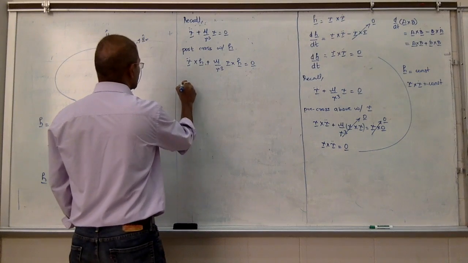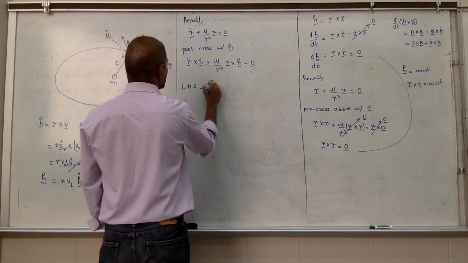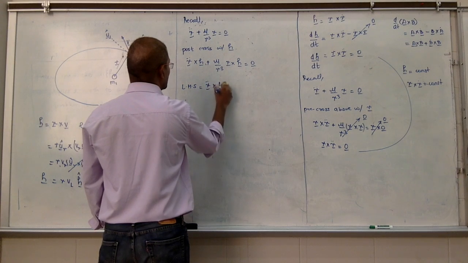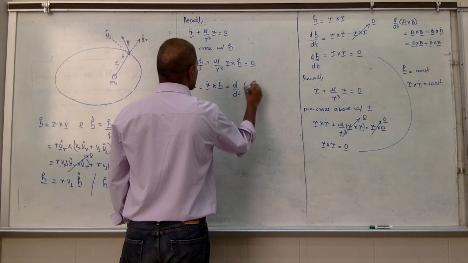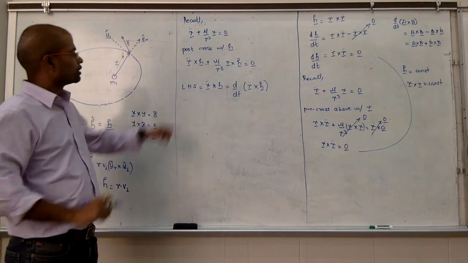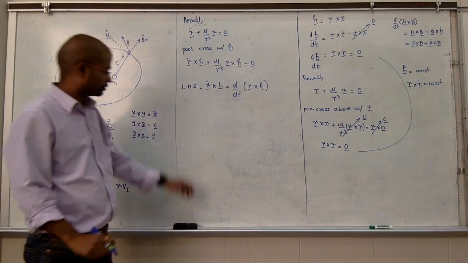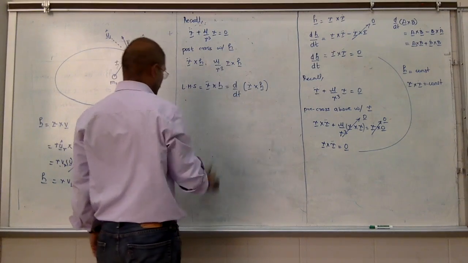Left hand side is equal to r double dot cross with h.